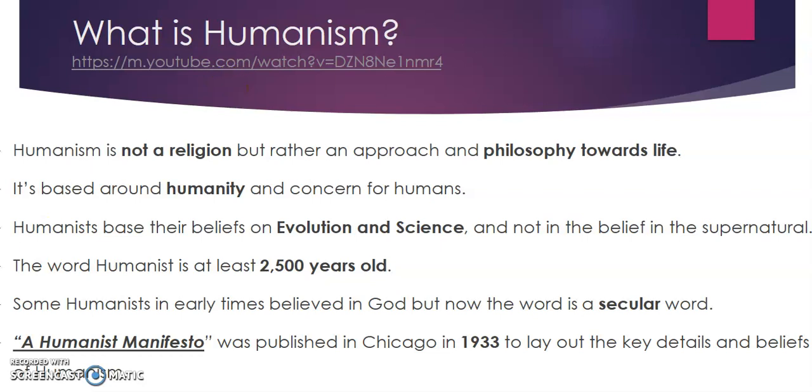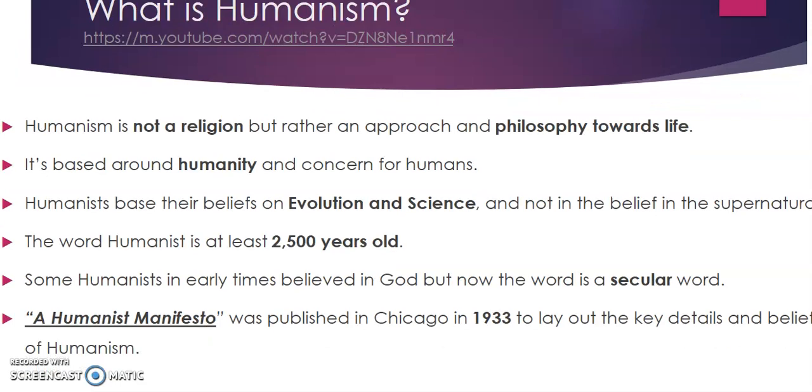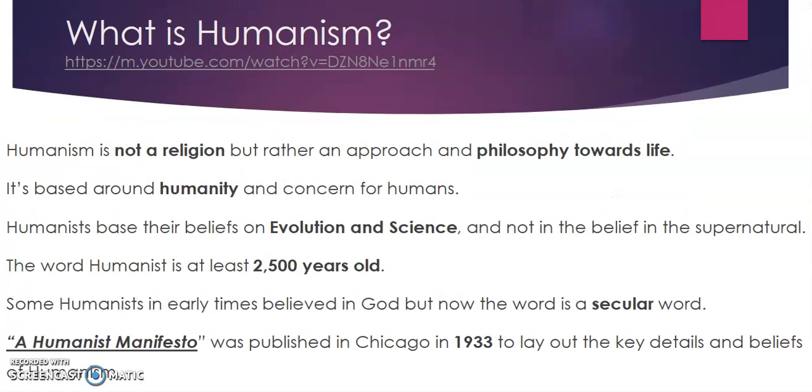I said in the very first lesson, and I'm still saying it again, guys, humanism is not a religion. Because there's no God and there's no organization or structure to it, humanism is much better described as a philosophy. It's based around the idea of humanity and concern for humans, celebrating human achievement rather than any religious or supernatural achievement.